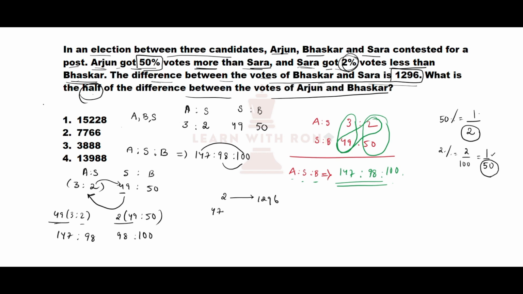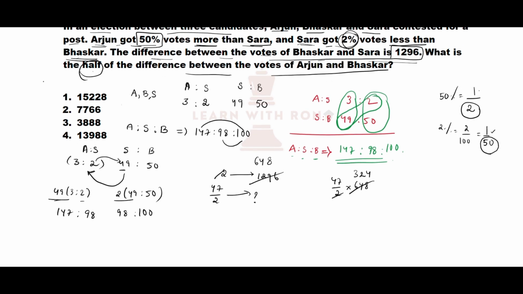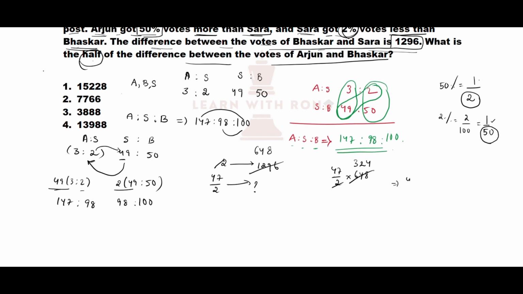Half of it we need to say 47 by 2. See here, 2 6s are 12, 2 4s are 8, 2 8s are 16. So we need to find 47 by 2 into 648, which is 2 3s are 6, 2 2s are 4, 2 4s are 8. So we need the multiplication of 47 into 324.